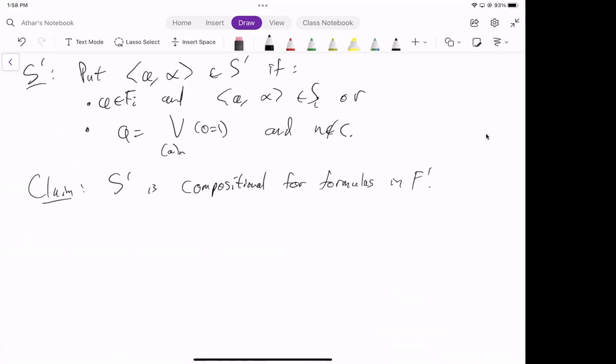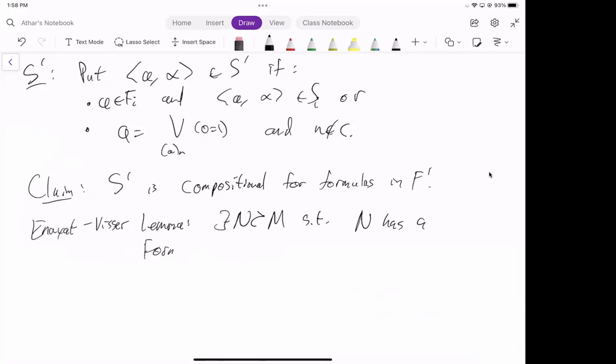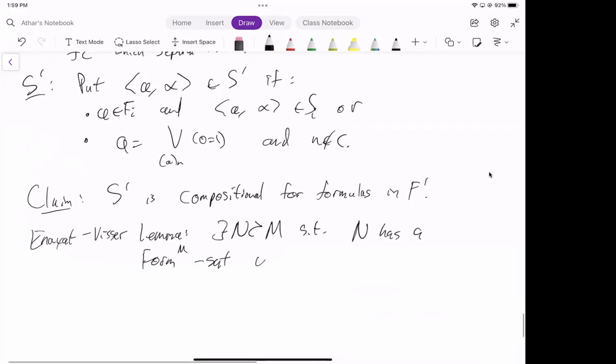Okay. And then this is where we can use the Enayat-Visser construction, or the Enayat-Visser lemma, which will say that there is an elementary extension M such that M has a satisfaction class on all formulas from M, agreeing with S prime on F prime.